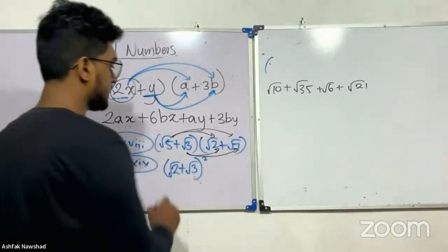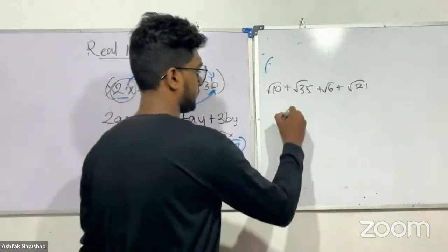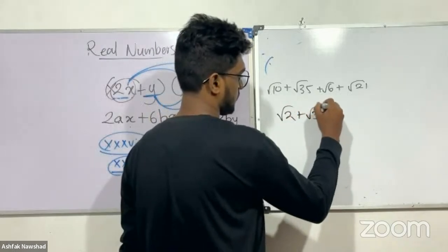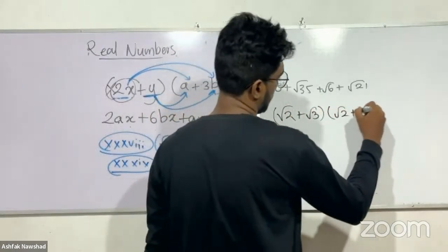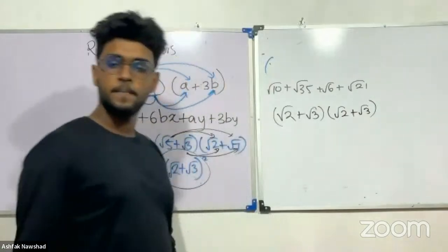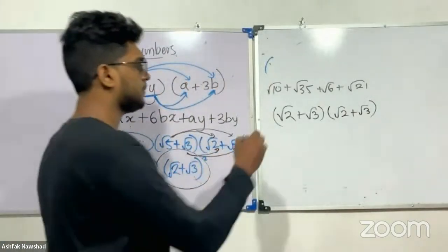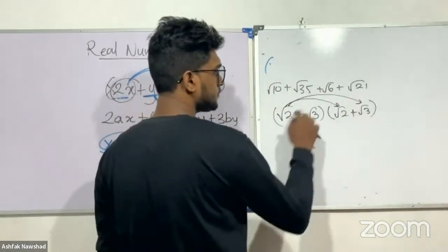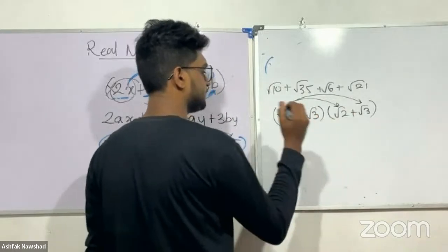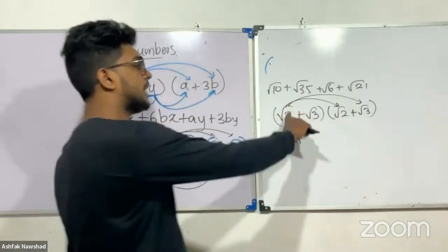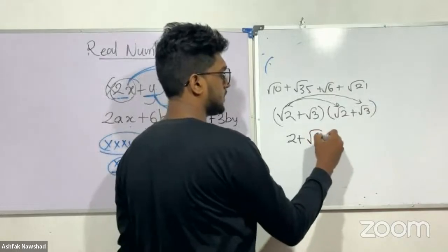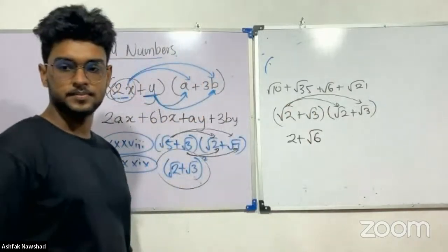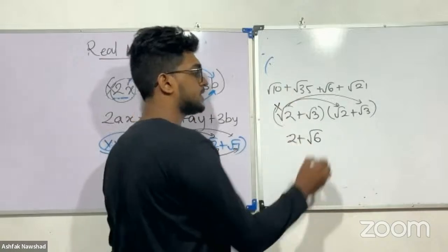So the next thing, root 2 plus root 3. Root 2 times root 2 is 2. Root 2 times root 3 is root 6, 2 times 3 is 6. So the job of root 2 is done.